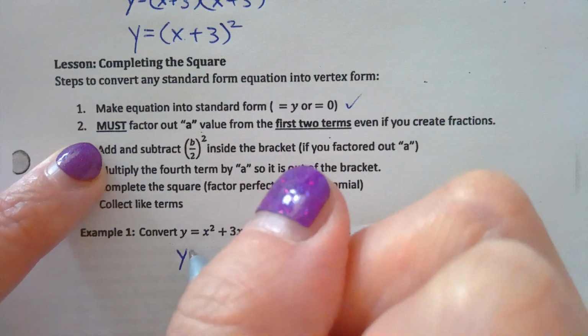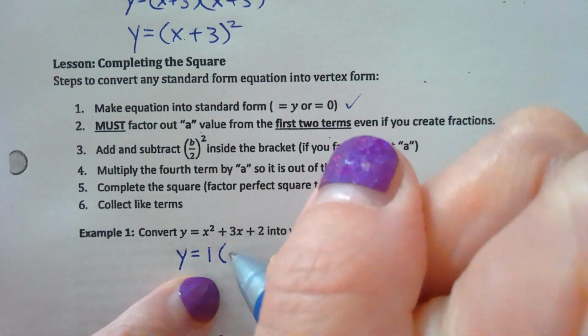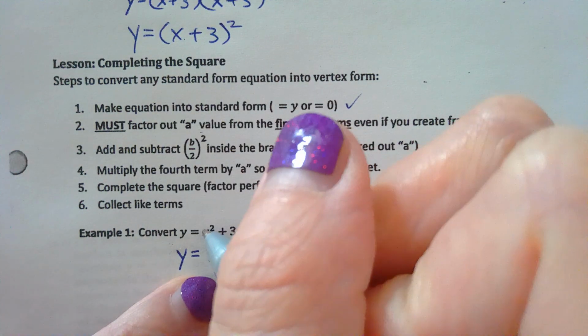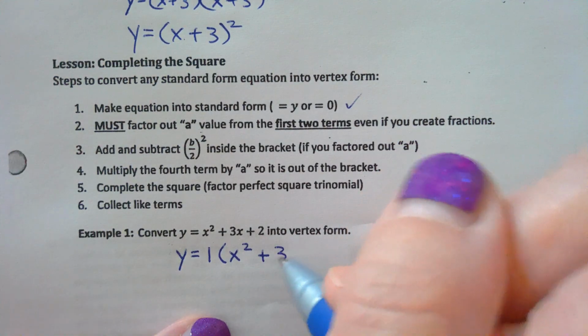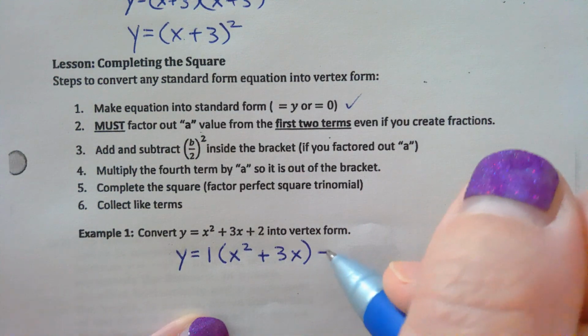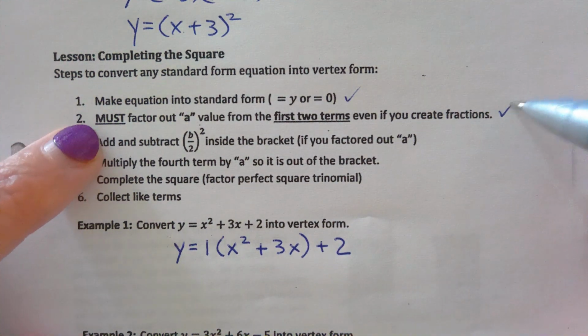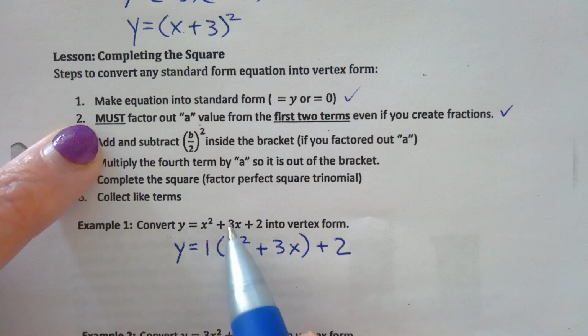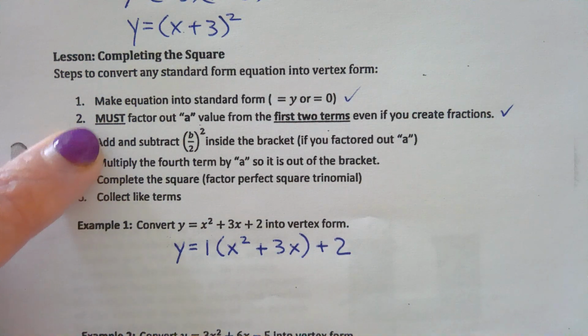I don't need to really write that 1, but I just want to show the step. If it's not 1, then you would have to factor that out. In this case it's just 1, so I didn't really do much.